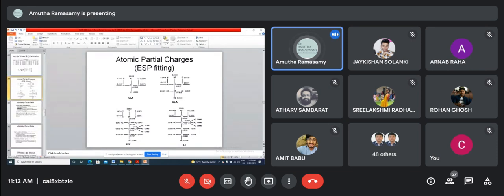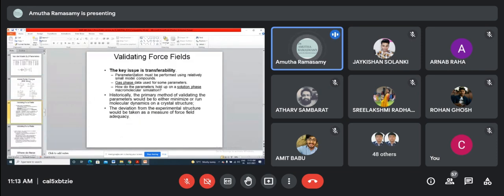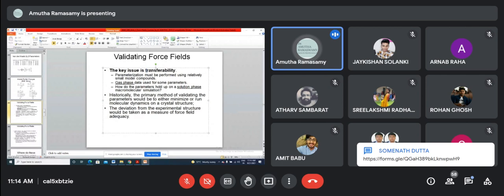So all these things are involved in parameterization. When we are parameterizing, you can make a general parameterization so that the force field can potentially be applied to other similar systems. That is what we say is transferability.